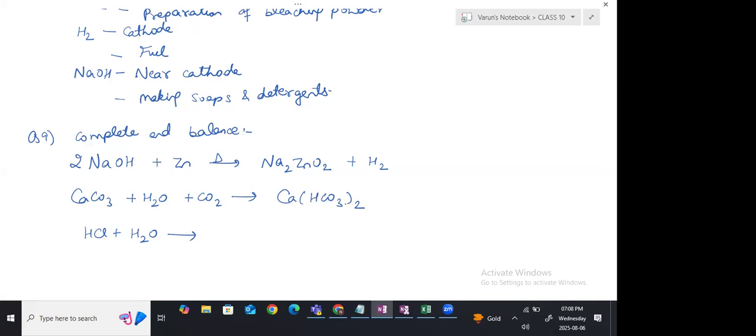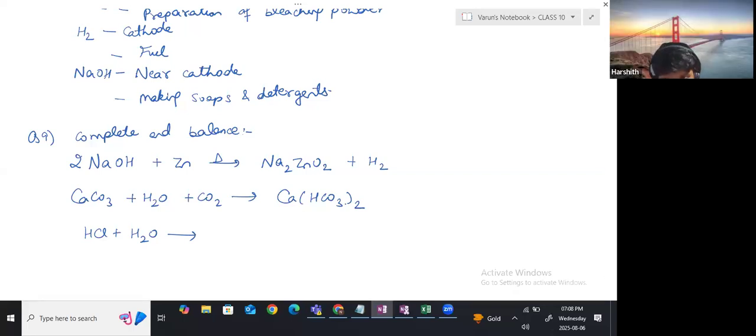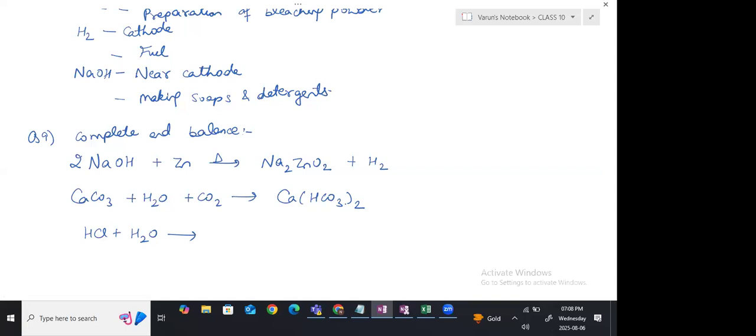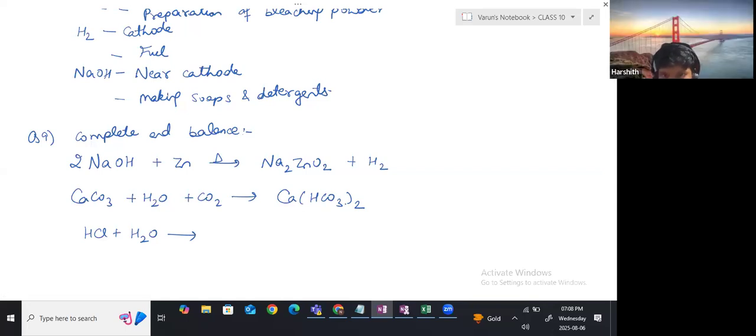Lime water, I am asking. You are telling me about slaked lime. Lime water is CaO. So if we pass carbon dioxide through calcium oxide, it will form calcium hydroxide. Ma'am, I think lime plus carbon dioxide gives rise to.